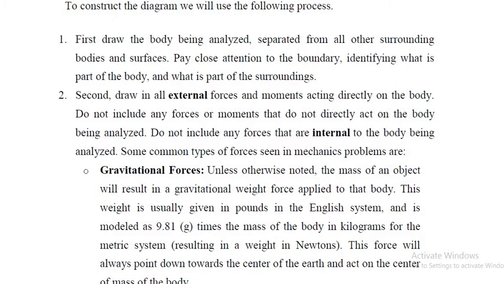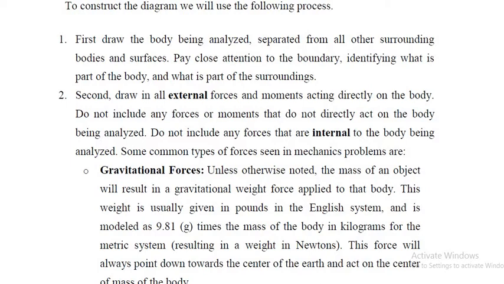Then we have to draw the external forces and moments which act on the body. The forces or moments which do not directly act should not be included in the free body diagram, and also the internal forces acting on the body should not be included. Then the gravitational forces.